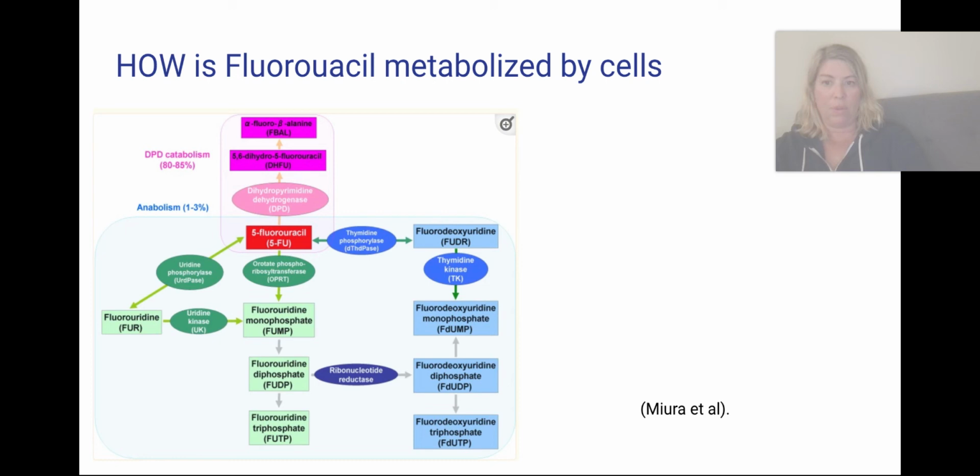You have the intermediates, you have the kinases, the thymidine phosphorylase, and you could just take a look at this flow chart in greater detail to see how the RNA and the DNA synthesis are blocked and where the intermediaries fall in with the uridine kinase and preceded by the uridine phosphorylase.